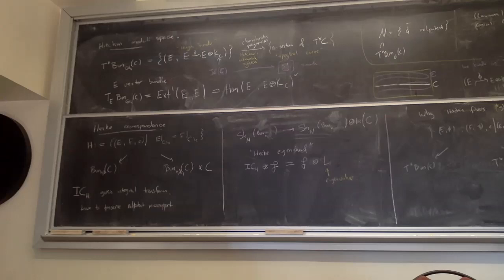So we'll translate this in a second. What does this mean? It means E is isomorphic to F by an isomorphism that sends phi to psi.